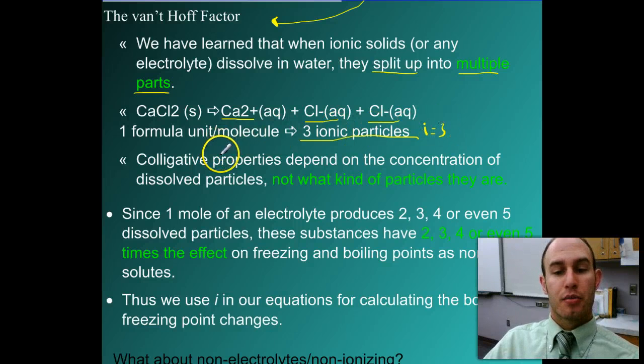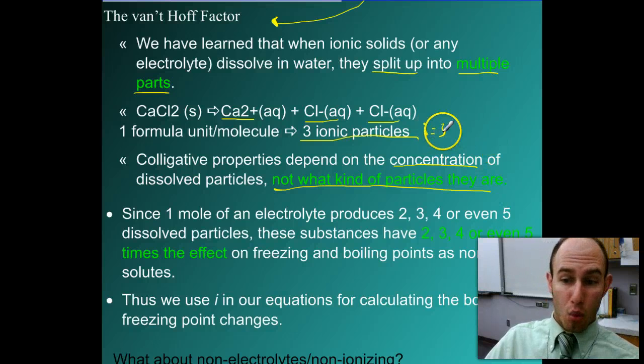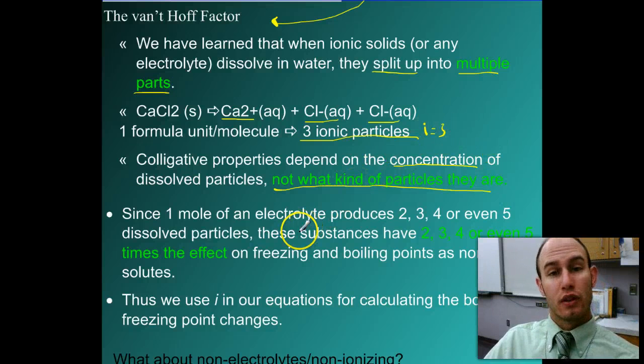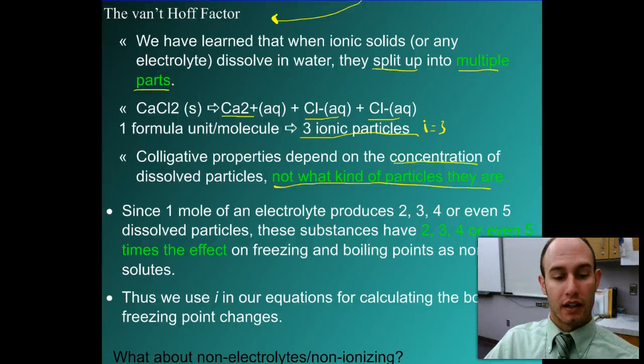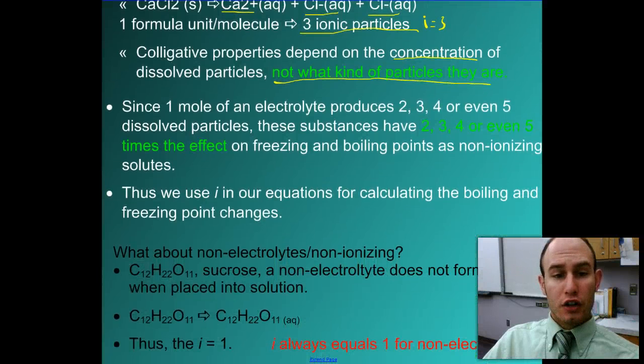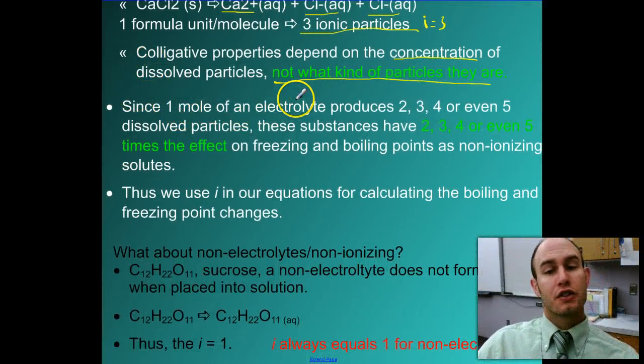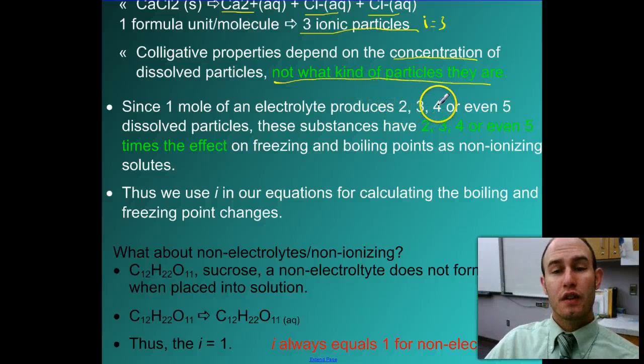The colligative properties depend on the concentration of dissolved particles, not what kind of particles they are. So if I have more particles, I'm going to have a greater effect on my colligative properties. In that example, 1 mole of an electrolyte can break up into 2, 3, 4, or even 5 dissolved particles.